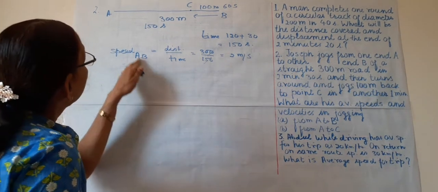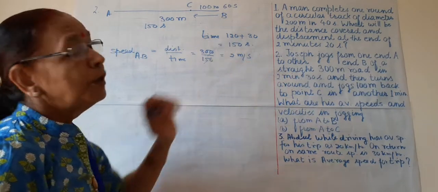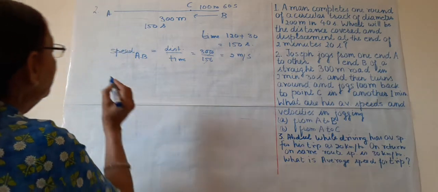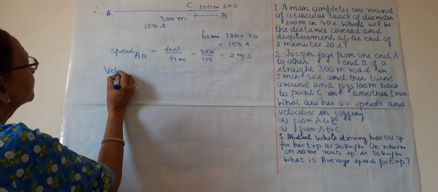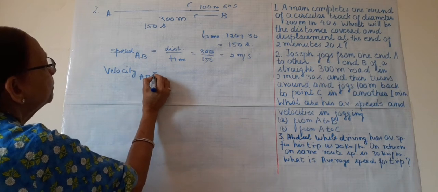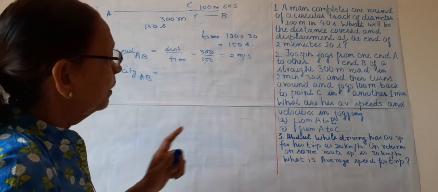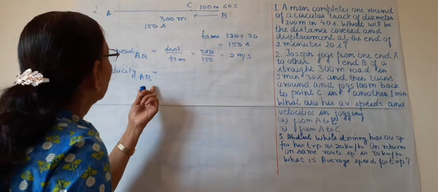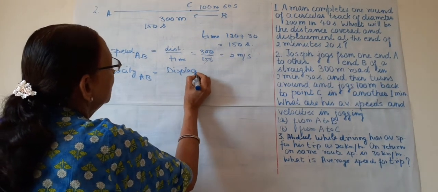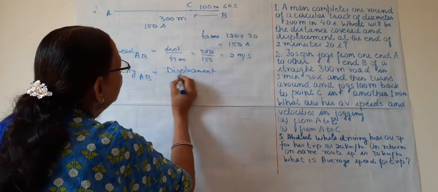So the speed from A to B is 2 meters per second. Is it clear to all of you? Now the velocity from A to B. Now we will calculate velocity from A to B. Velocity is displacement upon time.